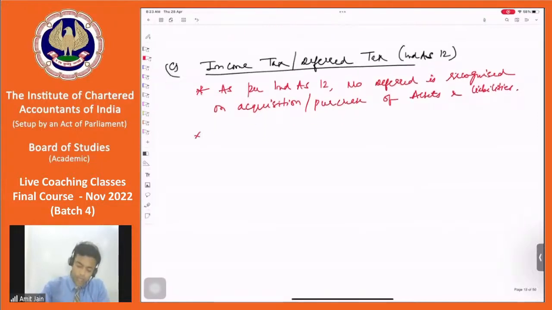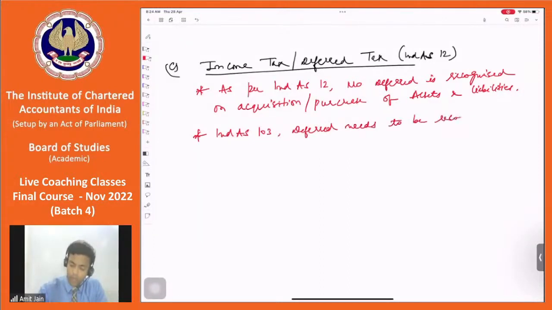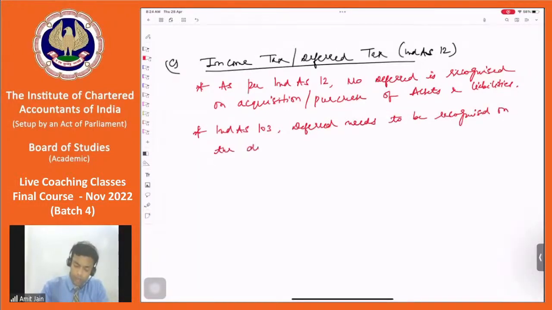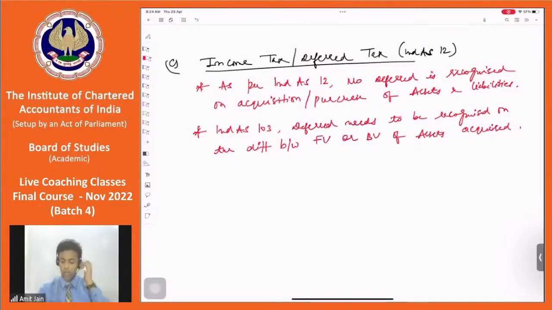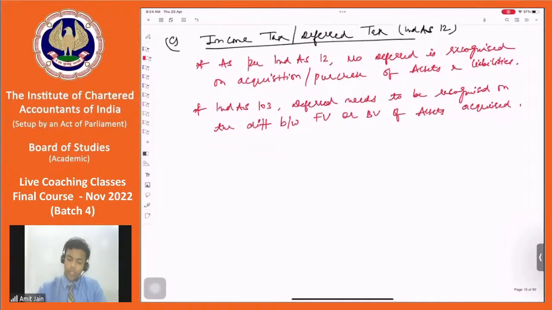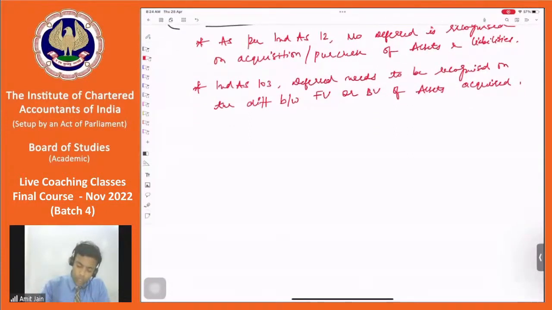Right? But under Ind AS 103, deferred tax needs to be recognized on the difference between fair value and book value of assets acquired. Right? So what is the summary here?